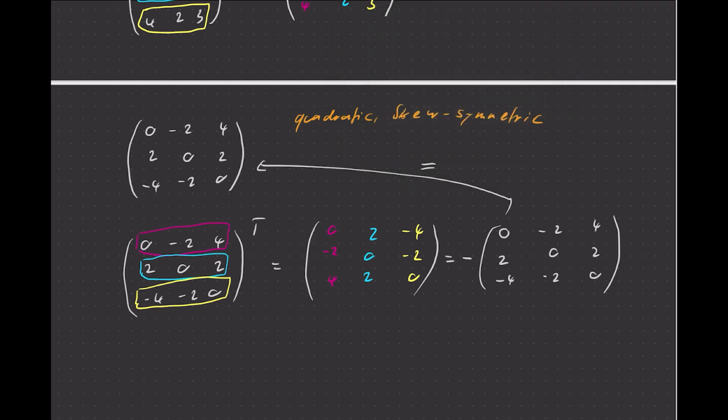And again, if you look at the matrix, you can identify this property by looking at the entries flipped along the diagonal. If you compare these entries here, you will note that one entry is exactly the negative of the other. And that means the matrix is skew-symmetric.